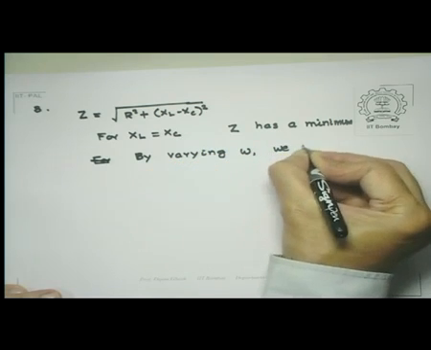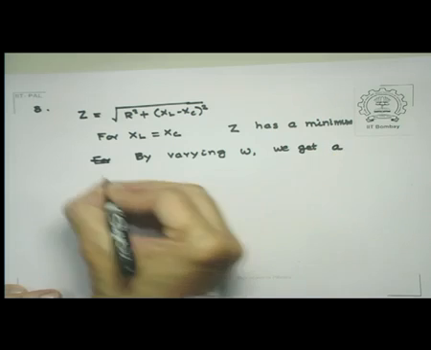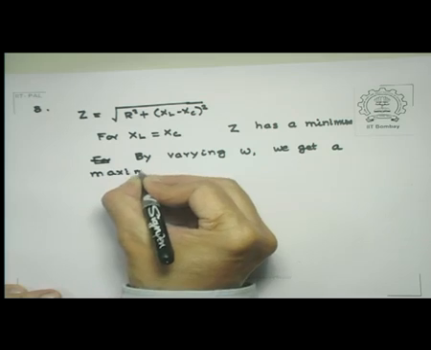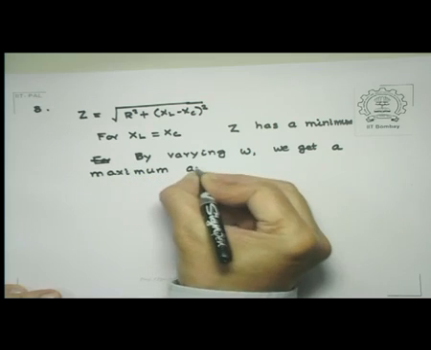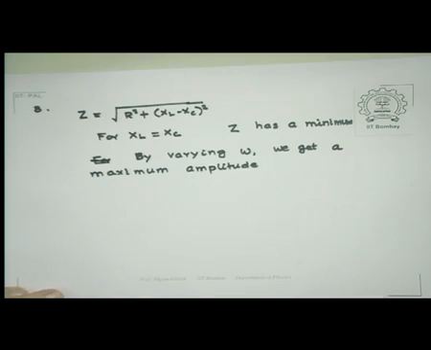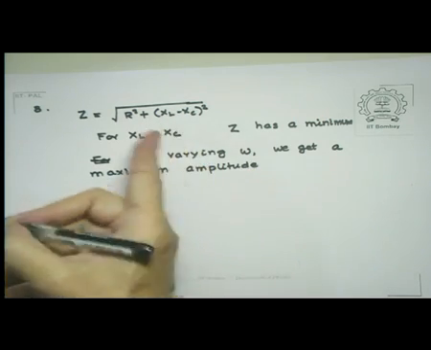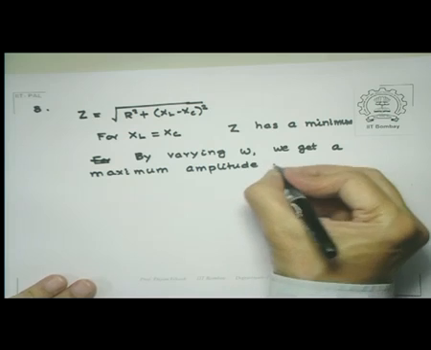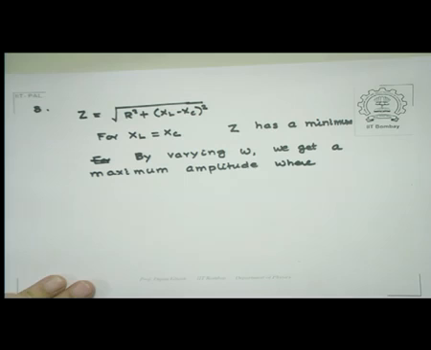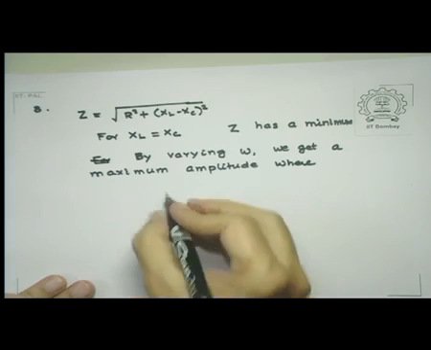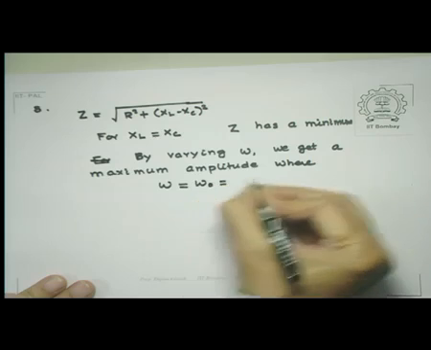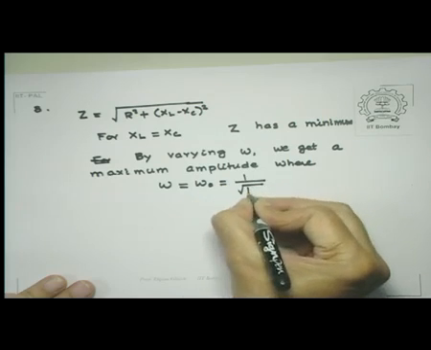we get a maximum amplitude at the same place where Z has a minimum, where XL is equal to XC, and that frequency turns out to be omega 0 equal to 1 over square root of LC.